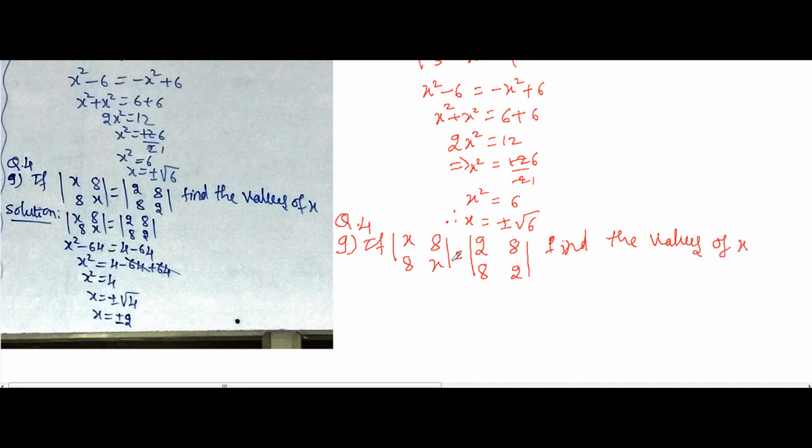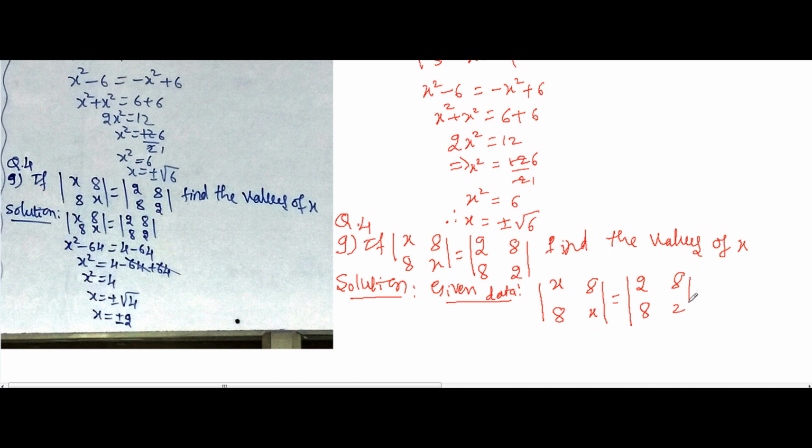Okay, in the similar fashion how we have solved in previous problem, in the same way you can extend the solution of this. So mention the given data clearly. So whatever determinants he has given, write it clearly here, that he has given determinant of x 8, next is 8x, okay, which is equals to determinant of 2 8, next is 8 2.